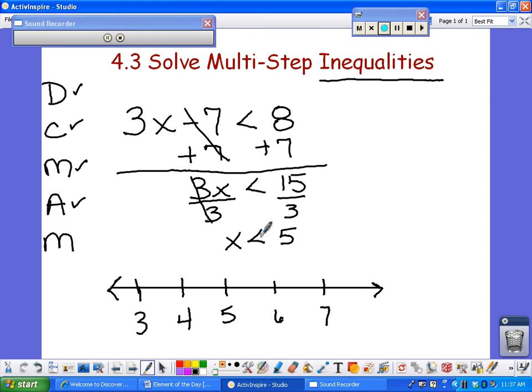Okay, since this inequality sign does not have a line underneath it, I can put an open circle at 5. Now, this is saying x has to be less than 5. Well, less than 5 is in this direction. Now, if I want to cheat, since my variable's on the left-hand side, I could draw an arrow just to double check that I drew my arrow in the correct way.